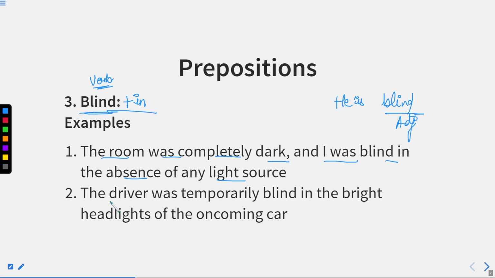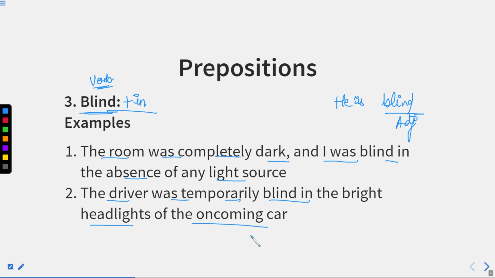Now, the next sentence is the driver was temporarily blind in the bright headlights of the oncoming car. You must have noticed this many times. For example, when you are going in your car and you see another car coming from the opposite side towards you, and the bright light comes into your eyes, you just lose your visibility temporarily and you are not able to see anything clearly just because of that particular shaft.